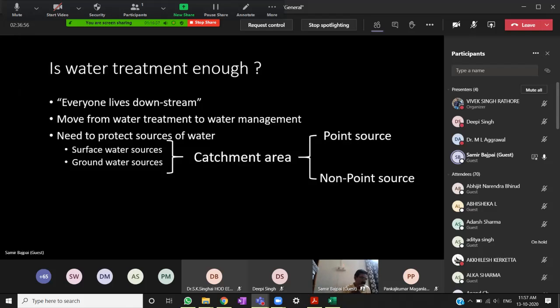And if you look at the hydrologic water cycle, water comes to earth in the form of precipitation. This precipitation, when it moves along the surface of the earth, is known as surface runoff. And this surface runoff joins the rivers, lakes, or reservoirs.